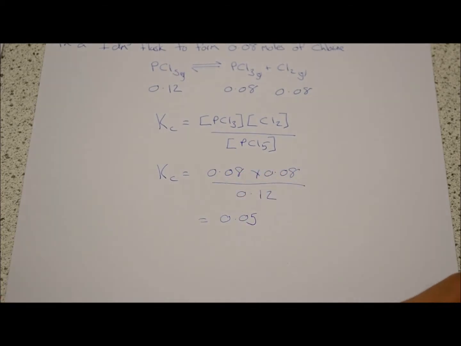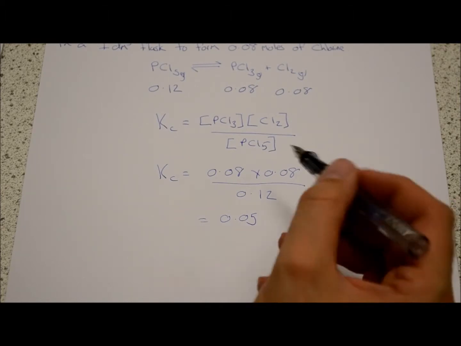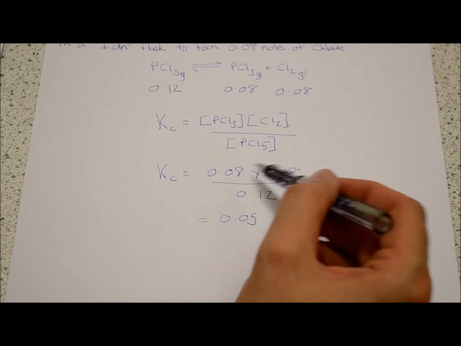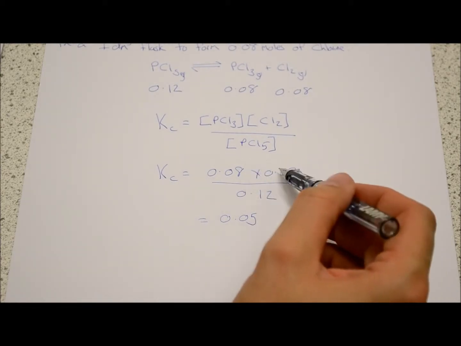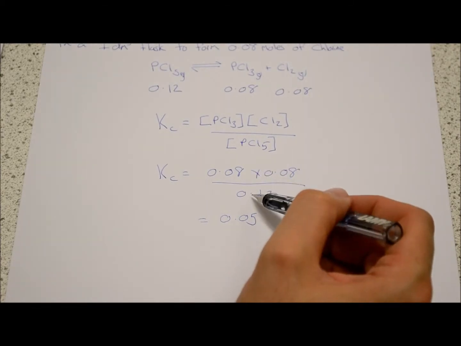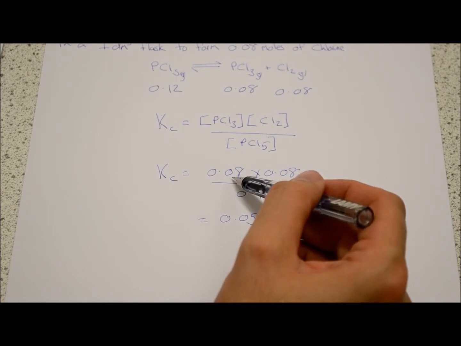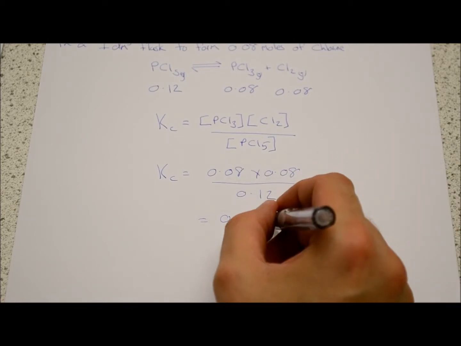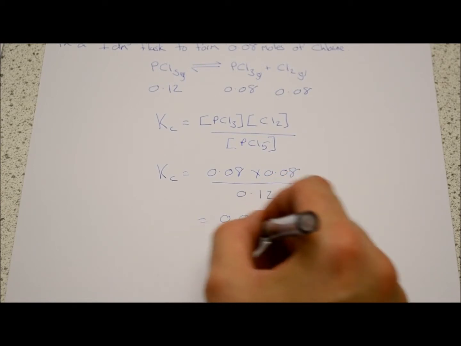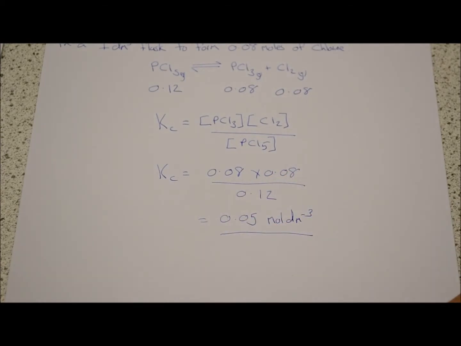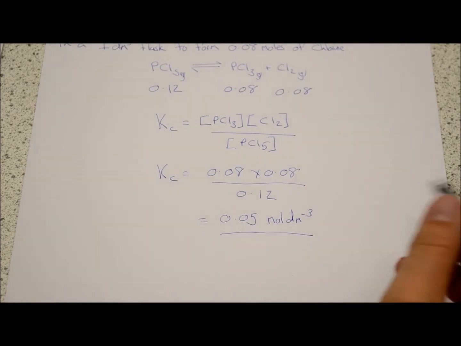Now, it's always worth calculating the units now. This is measured in moles per decimeter cubed, moles per decimeter cubed, moles per decimeter cubed. And one above and one below, they'll cancel, leaving just one on top, which is moles per decimeter cubed. And there's the answer, Kc, for this reaction at this temperature.